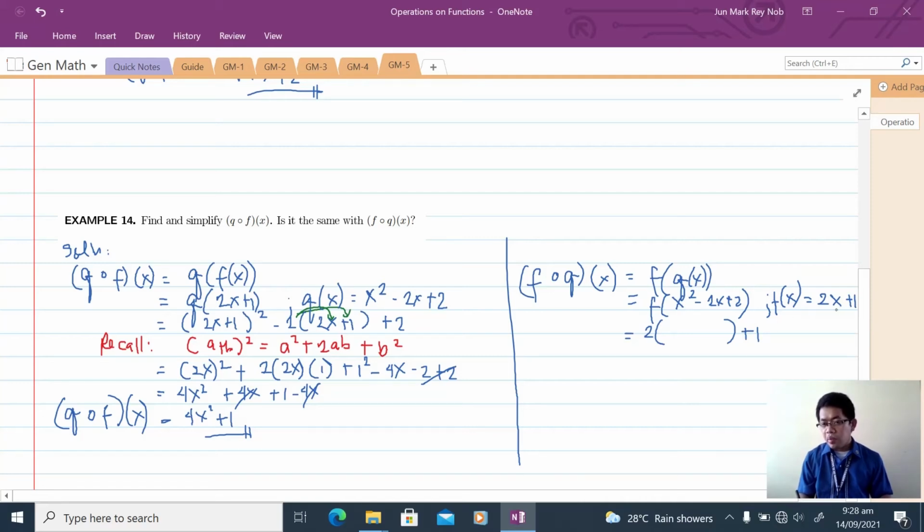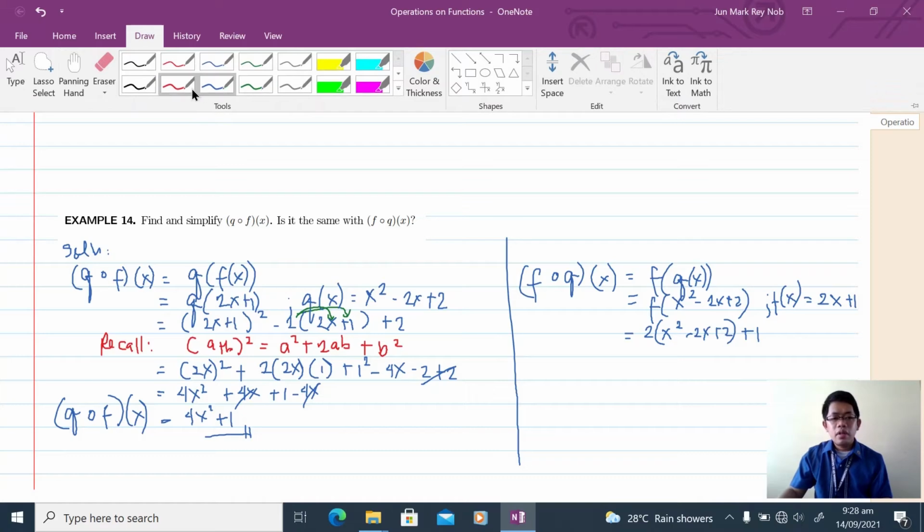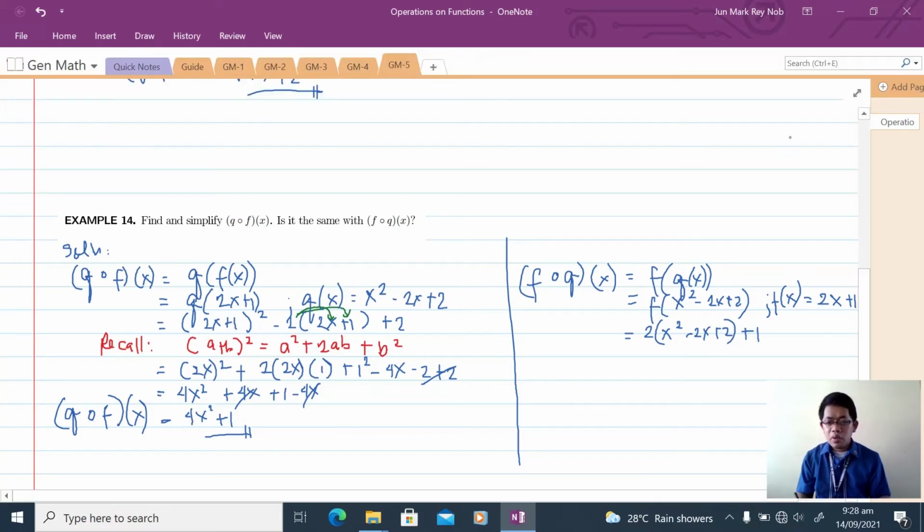We will replace x with this trinomial: 2 times x squared minus 2x plus 2, plus 1. We can distribute 2 to all of the terms inside: 2 times x squared, 2 times negative 2x, and 2 times 2.